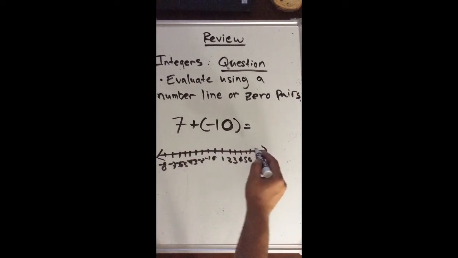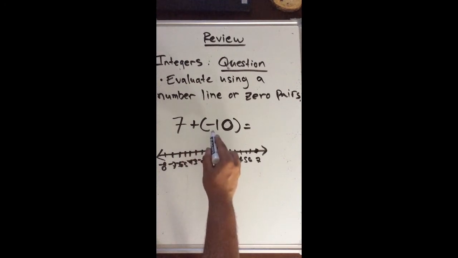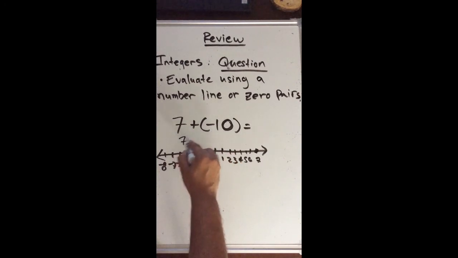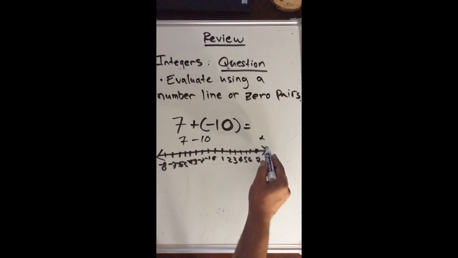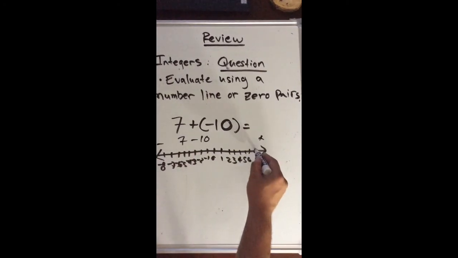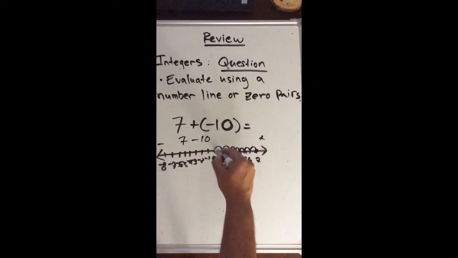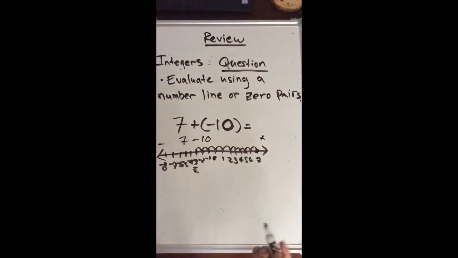And we're going to add negative 10. Well, remember that these two signs here turn to opposite. And if the opposite of addition is subtraction, we're going to go 10 this way to the left. So that's 1, 2, 3, 4, 5, 6, 7, 8, 9, 10. Looks like it's giving us a negative 3.